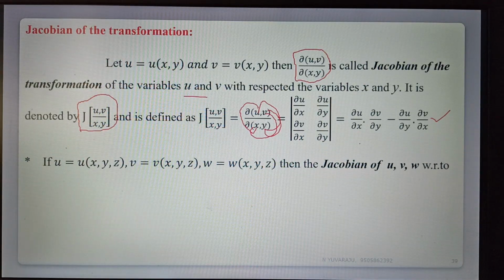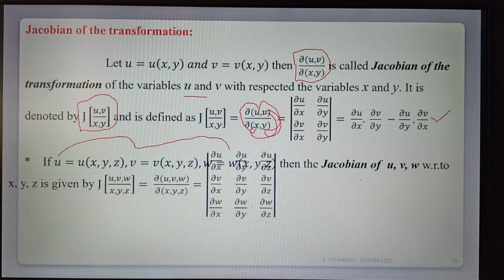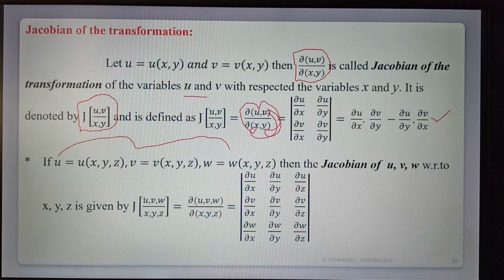Similarly, we define a three variable function u, v, w in the variables x, y, z. It is denoted and defined as J of u comma v comma w with respect to x, y, z, equal to dou of u comma v comma w by dou of x comma y comma z, which is the determinant whose first row is the differentiation of u with respect to x, y, z, second row is the differentiation of v with respect to x, y, z, and third row is the differentiation of w with respect to x, y, z.